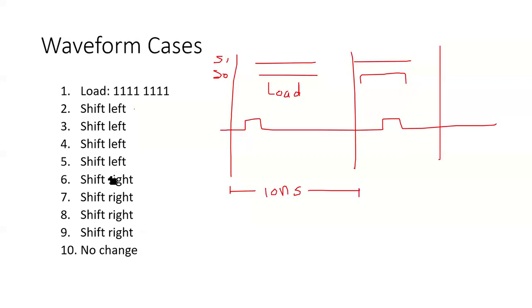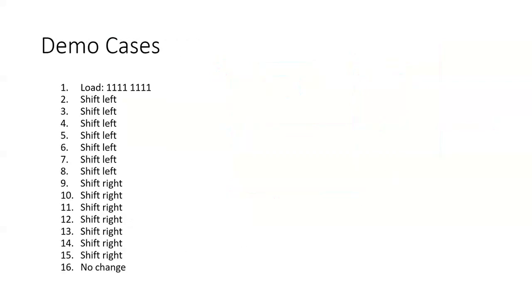So you perform it, let's say 4 or 5 times, and then you perform no change. Okay. For demo, make sure that you're shifting it left at least 7 times so that we can see that each D flip-flop and multiplexer is connected properly. You do the same for the shift right, and then no change.